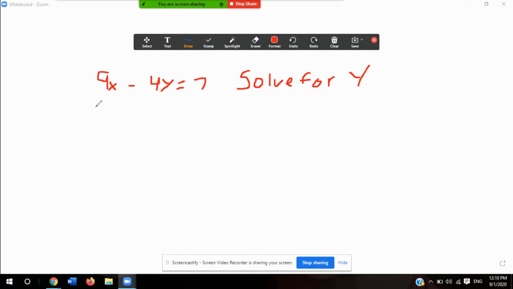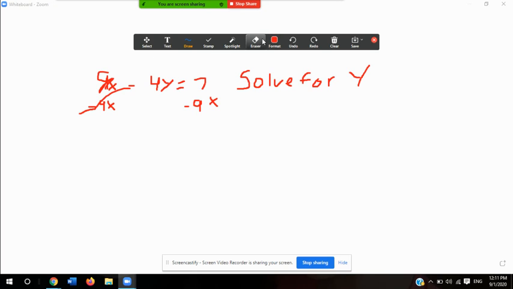So I need to use the opposite, and the opposite of positive 9x is negative 9x, which is why I am going to subtract 9x from both sides. Minus 9x. So this is going to cancel out here, and here, 9 and 9 cancel out.